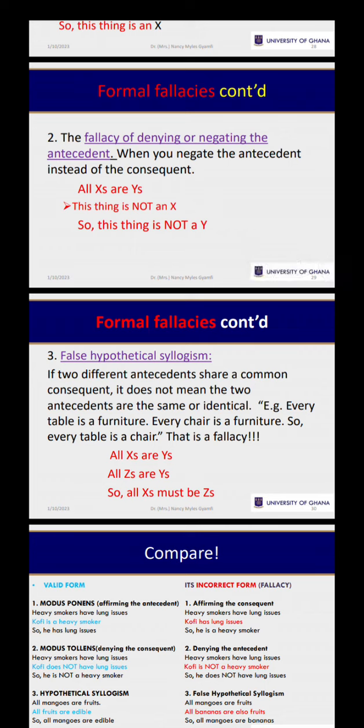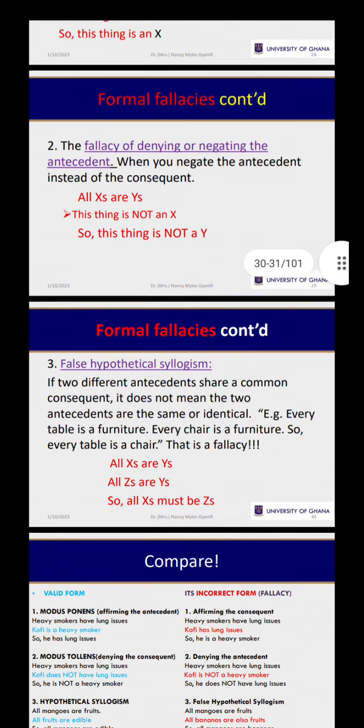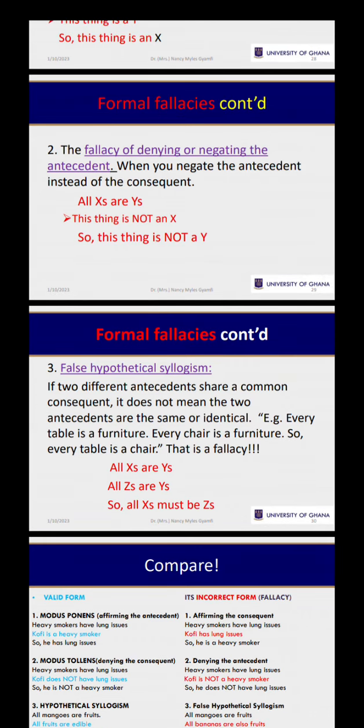Now, if you go and negate the antecedent, then it becomes a fallacy of negating the antecedent. The antecedent is Nigerians. So if I say all Nigerians are knowledgeable, Chukwuemeka is not a Nigerian.